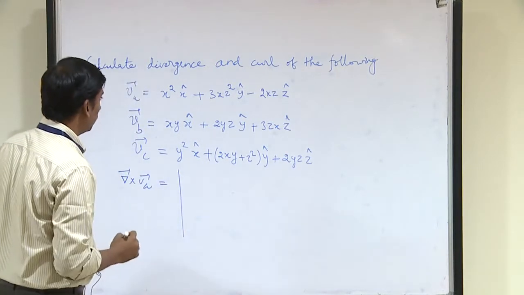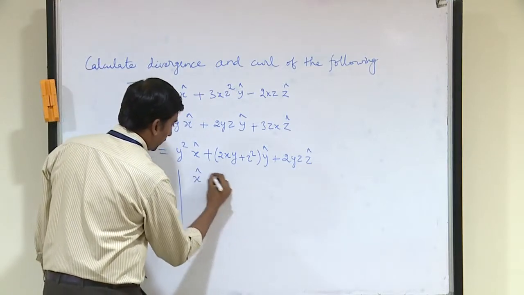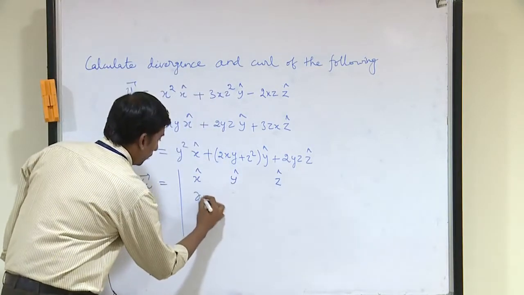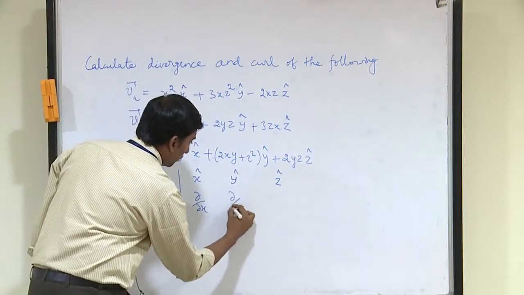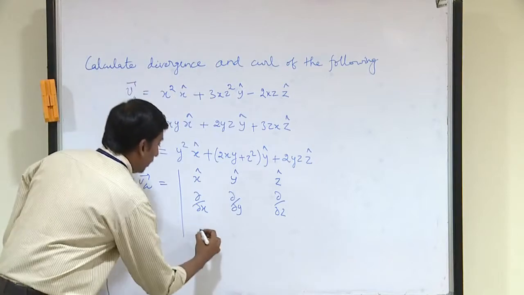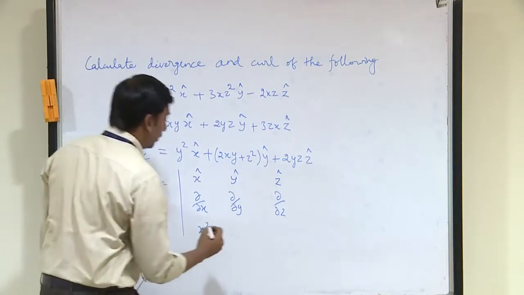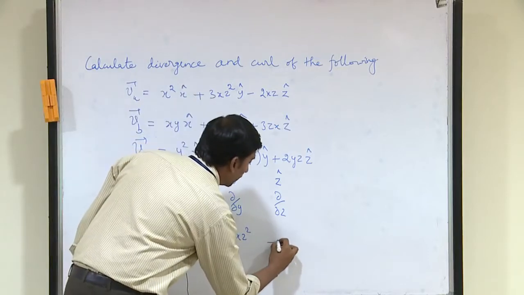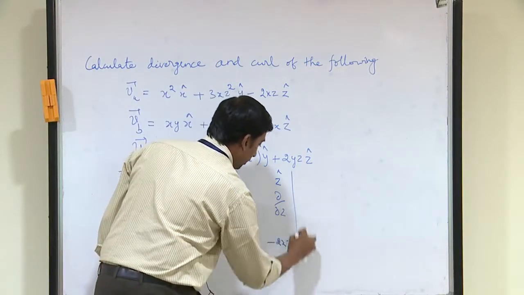It is equal to, for the first one, x cap, y cap, z cap, dou by dou x, dou by dou y, dou by dou z, x square, 3x z square, and minus 2x z.